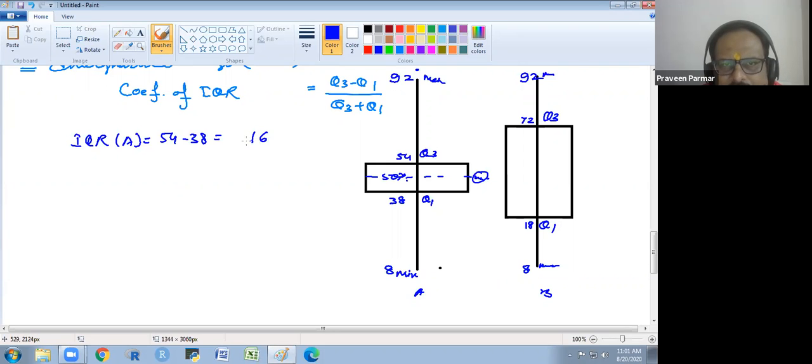It is 16, correct. And the IQR of B is 72 minus 18. So there are different IQRs we are getting.